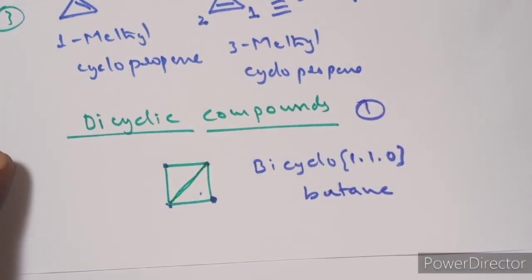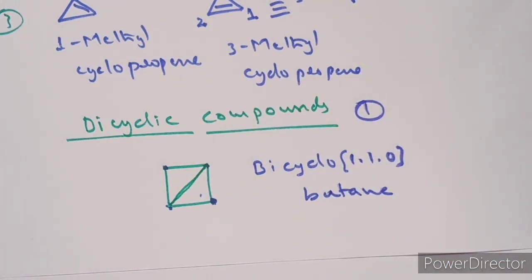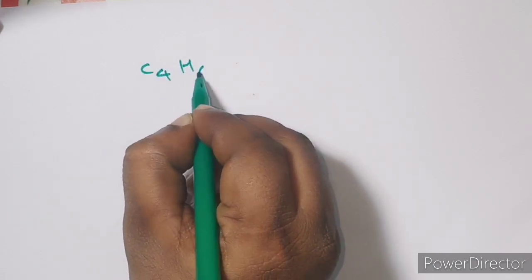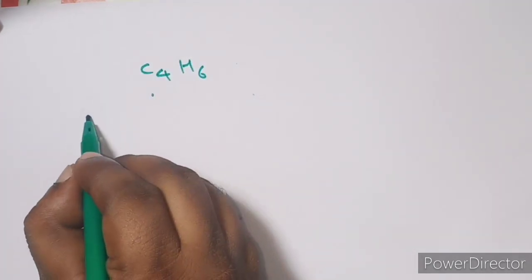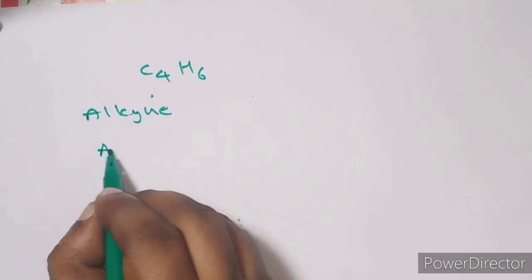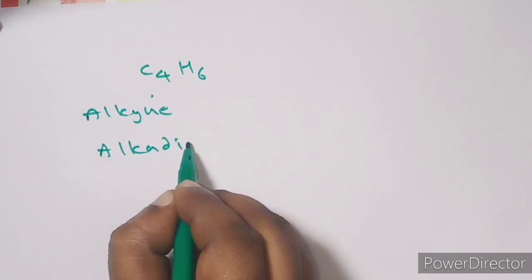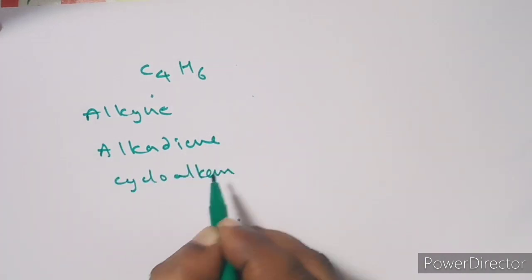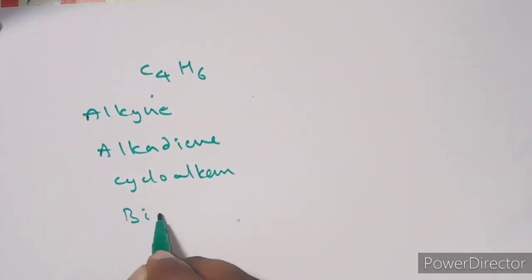Now let us see the total number of isomers here. With the C4H6 molecular formula, how many alkynes are possible? We can write the alkyne, we can write alkadiene, we can write cycloalkene, and also we can write bicyclic compounds.